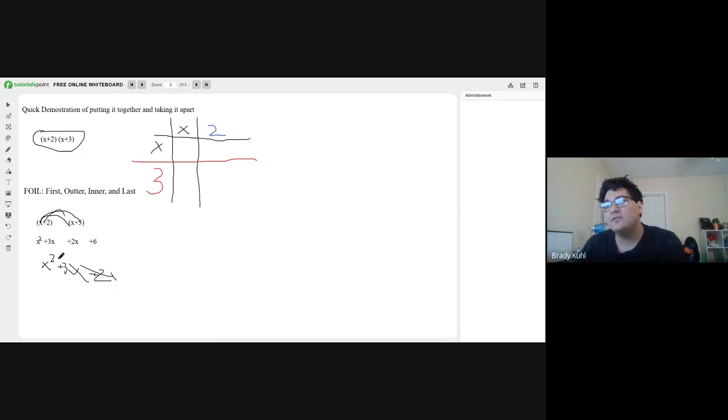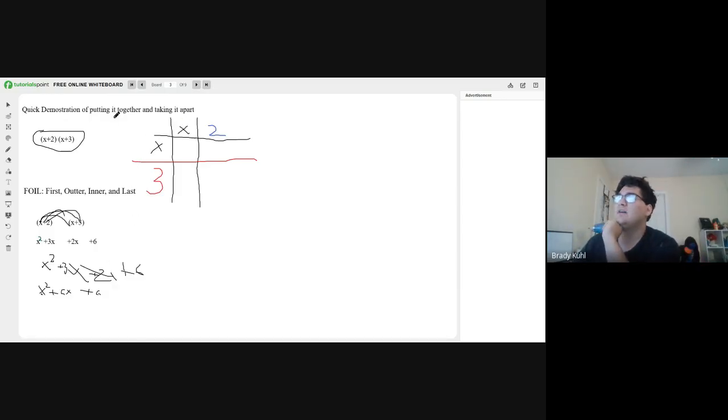These are the inner. And then the last is these two things with the 6. You combine the like terms. 3 plus 2 is 5, so that'll be 5x plus 6.